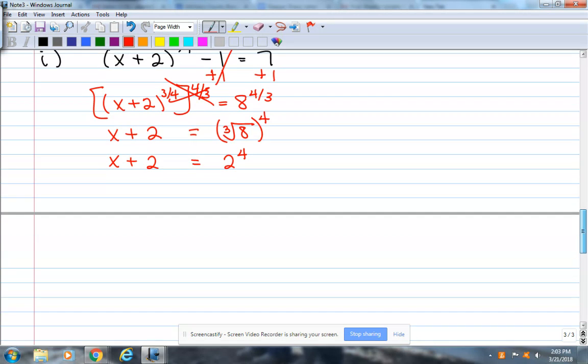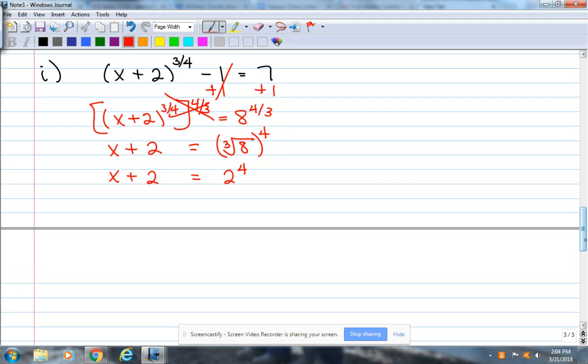What is 2 to the 4th power? 16. So x plus 2 equals 16. And then how do I solve for x? Subtract 2. And then x equals what? 14. This isn't so bad once y'all evaluate your radical, right?